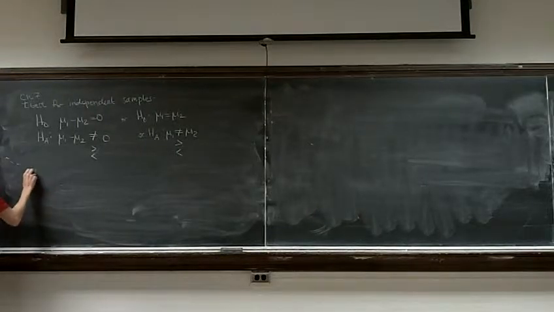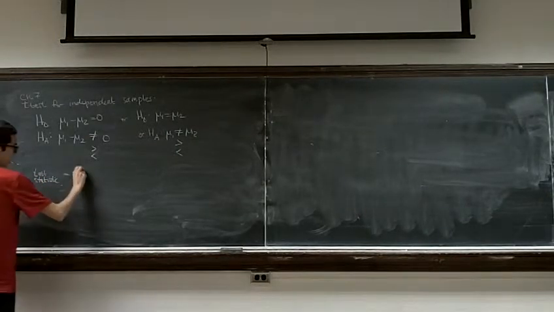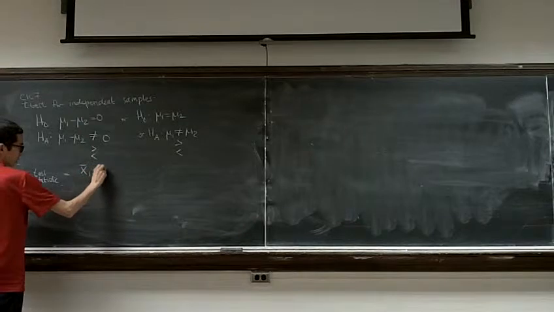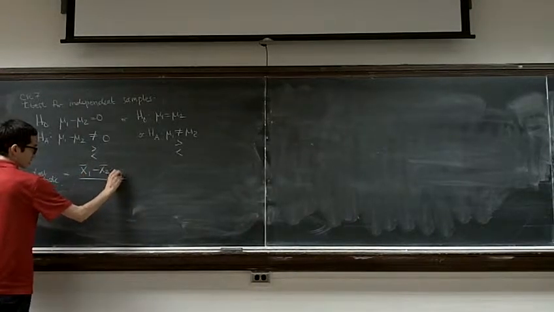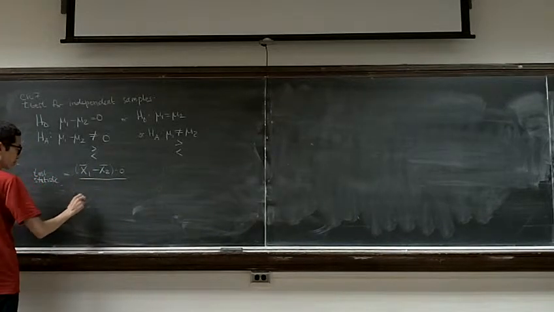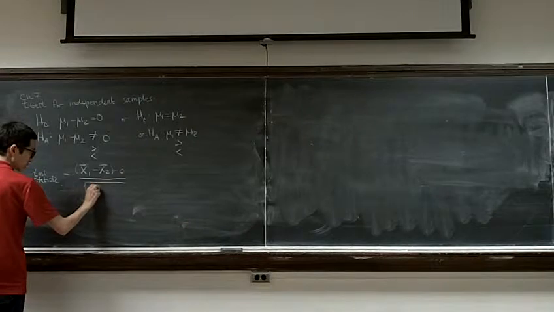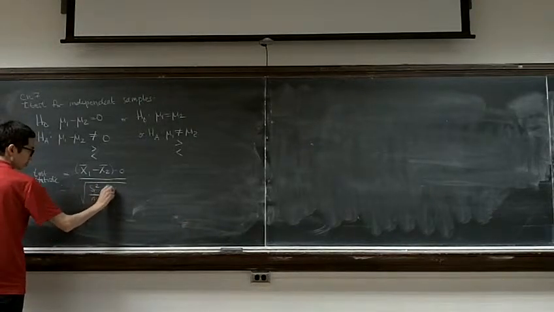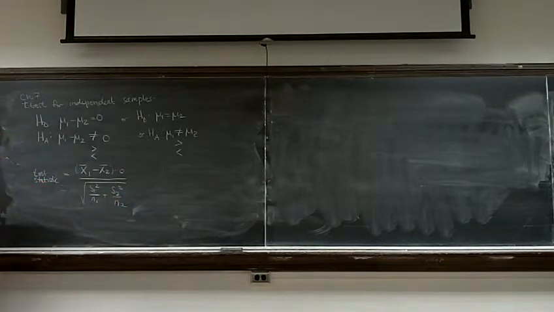Your test statistic would be x bar 1 minus x bar 2, minus, technically, minus 0, divided by the standard error, which is the square root of s1 squared over n1 plus s2 squared over n2.